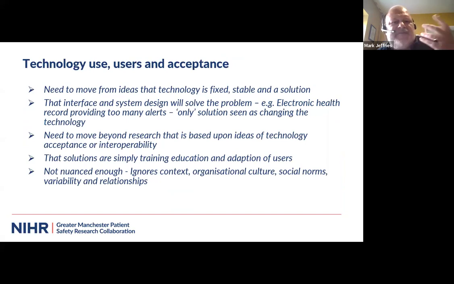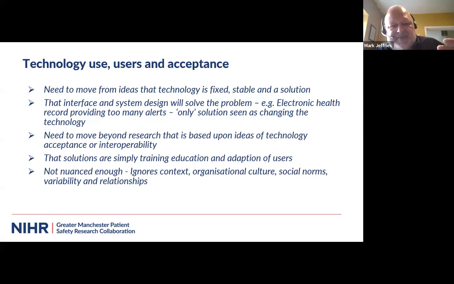So I think we need to move away from ideas that technology is fixed and stable. We need to move to the sense that intervention or system design will not just solve the problems. It's not the only solution. There are other solutions around context, around work practices, around everything else, and about understanding what is happening within those systems.